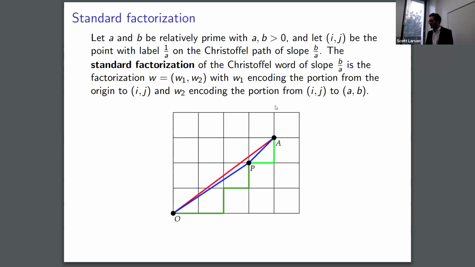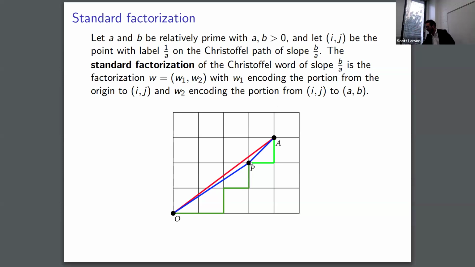We're going to move on to the standard factorization. So you have your Christoffel word. We have all our labels, right? Earlier we found out that all the labels are unique within the Christoffel word. So you're going to take the point that has minimum label, which is 1 over A, and you're going to cut off the word right there. You're going to cut it in 2 pieces. So the path up to that point is your first word.